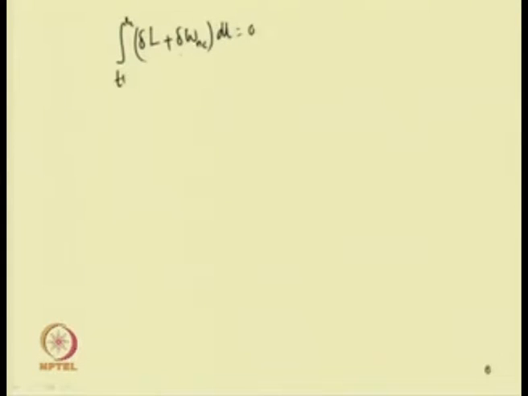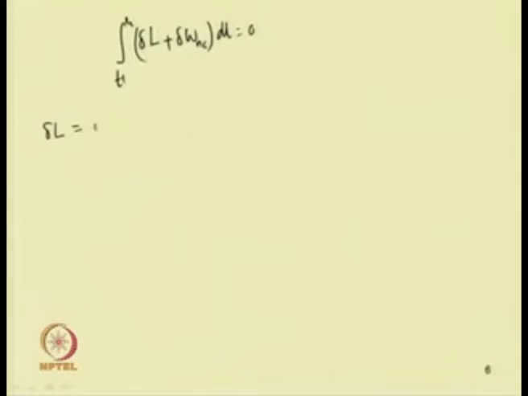As no non-conservative force is acting on the system, one can write integration T1 to T2 δL dt equal to 0. Now one can find this δL from the previous expression for L.